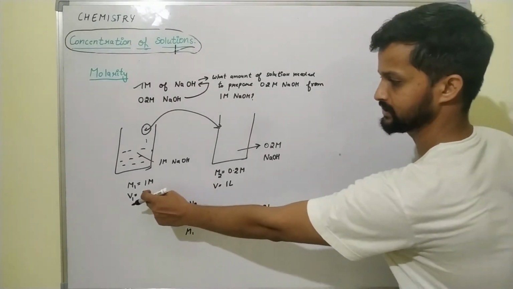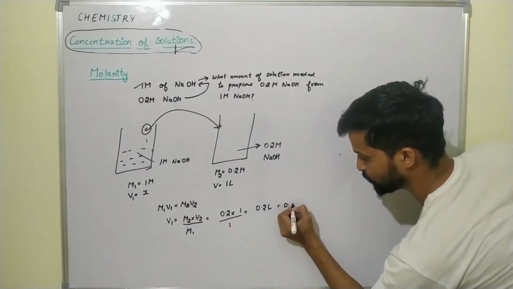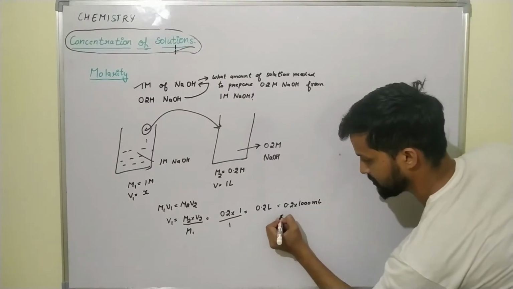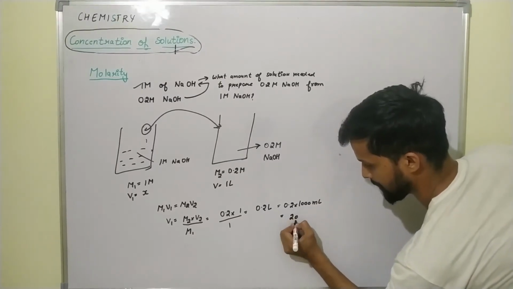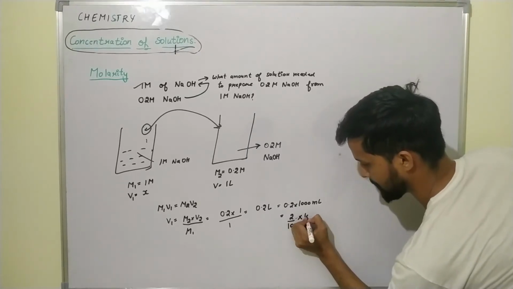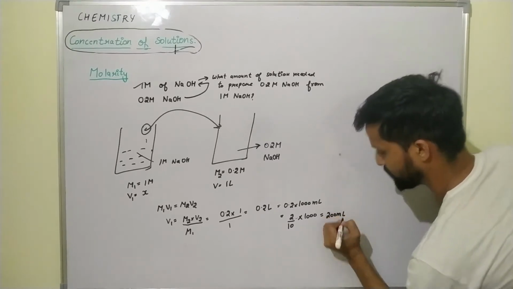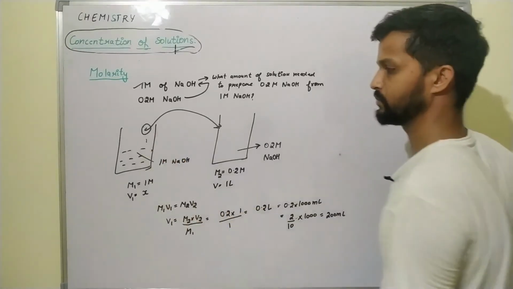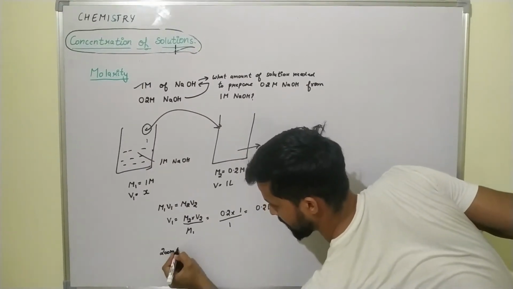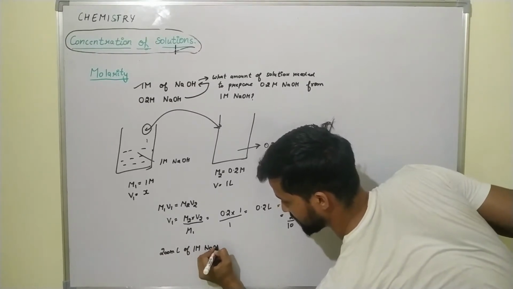So here we have to take 0.2 liter, which means 0.2 into 1000 ml, that is 2 by 10 into 1000, which will give you 200 ml. Means we have to take 200 ml of 1 M sodium hydroxide.